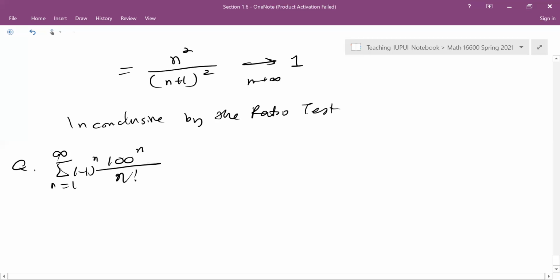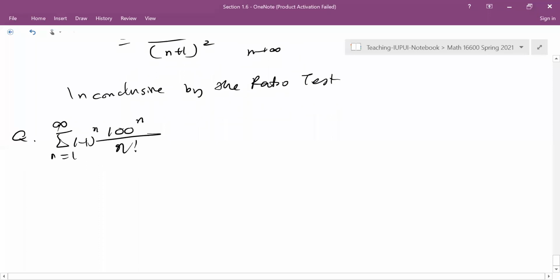So some of you were trying to prove it's alternating using the alternating series test, okay? So let's see. This is my Bn. I want to prove the Bn is decreasing to 0, right? Okay, let's try.